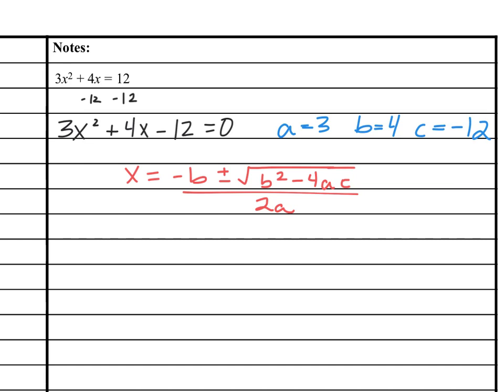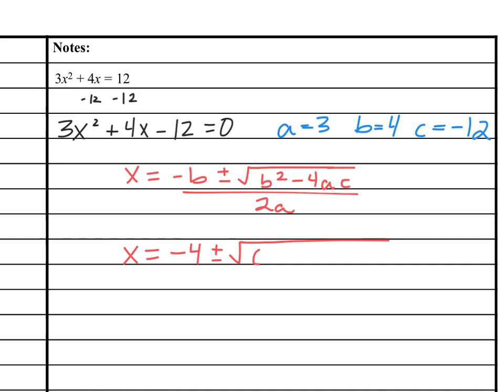And then we just start plugging in. Please make sure, parentheses, parentheses. This one you don't need parentheses for, the one that's very up front. So x equals negative b. B was 4. What do I put? Negative 4 plus or minus the square root of b squared.